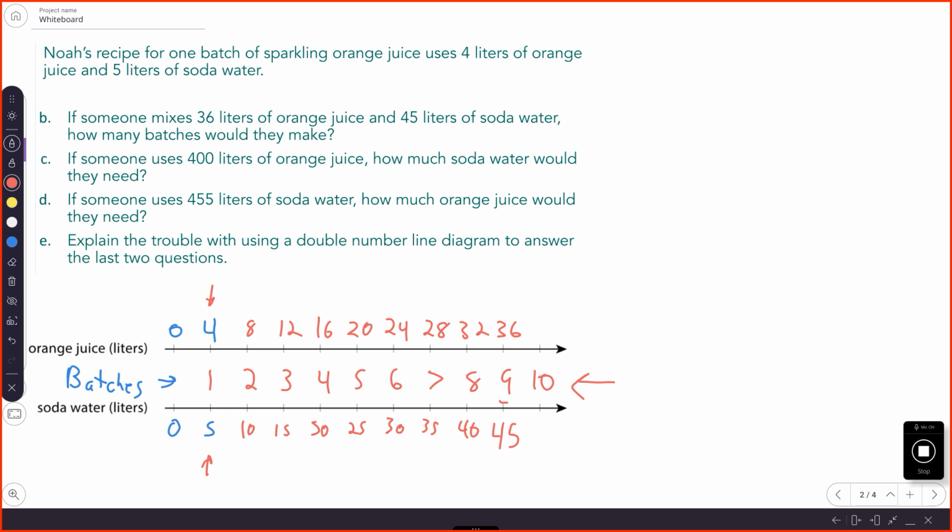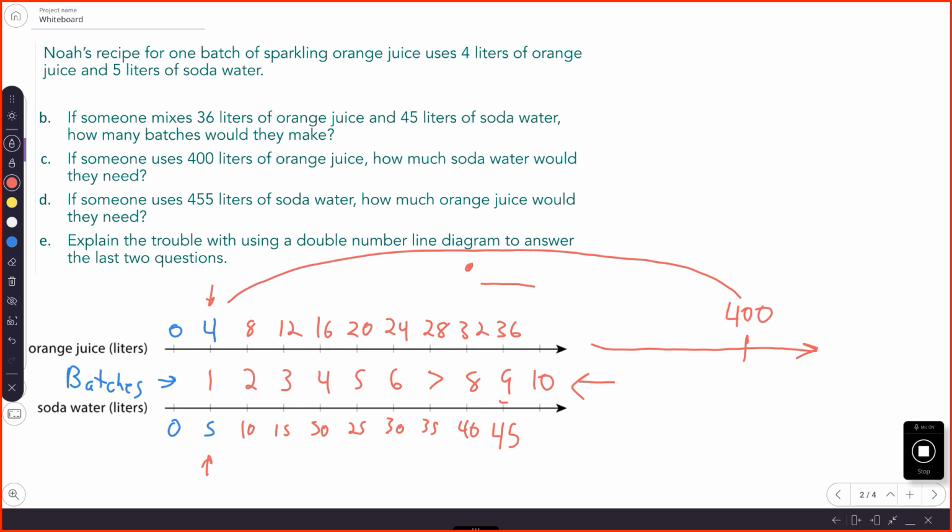So let's move on. If someone uses 400 liters of orange juice, how much soda water will that need? That means that we need to go all the way out this way, and we're going to be here at 400. So now we need to figure out how much this is from 4 to 400. And remember, we're going to be multiplying by a number to get from 4 to 400.